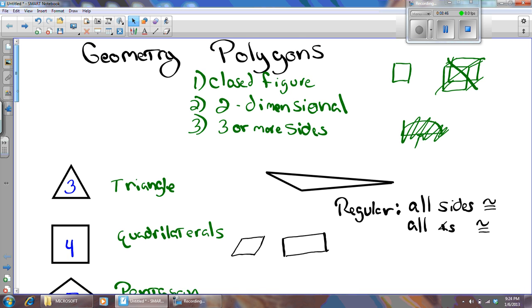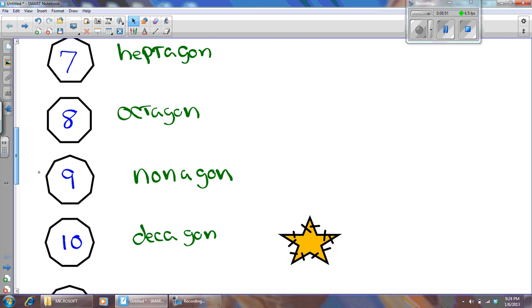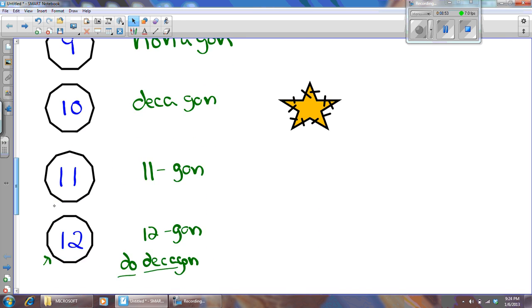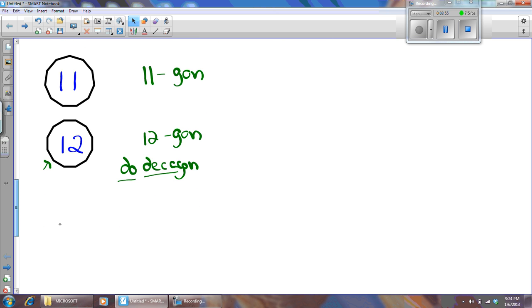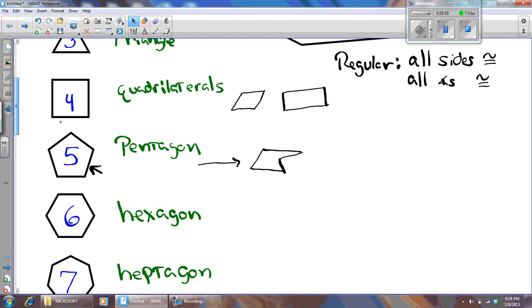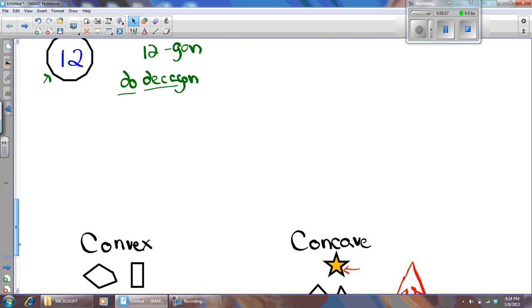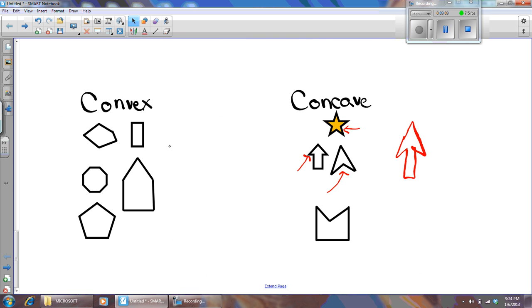We learned the names: triangle, quadrilateral, pentagon, hexagon, heptagon, octagon, nonagon, decagon, and then after that we use the numbers with -gon. We learned that polygons don't have to be regular. We just count the number of sides, and that tells us how to name it. And then finally, we learned about convex and concave.